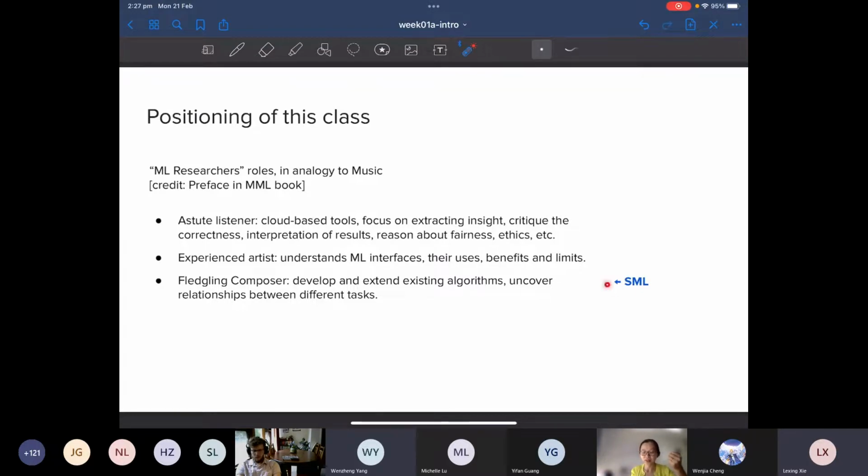So I would say statistical machine learning is positioned between the second and third. There is a lot of advanced content that goes towards this fledgling composer level that this course is not able to cover. I hope you find this classification helpful in some way, or maybe in hindsight, after this class, you can look back at these three levels and grade yourself.